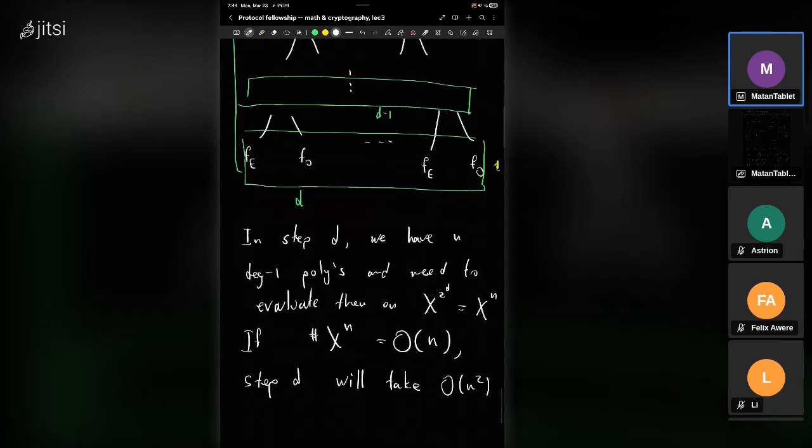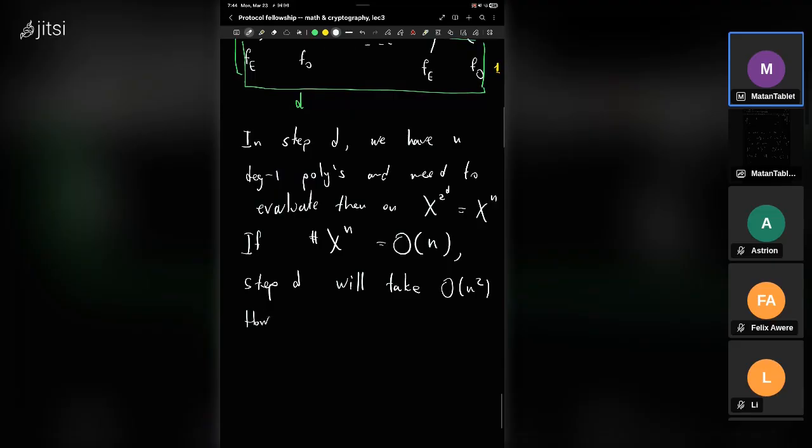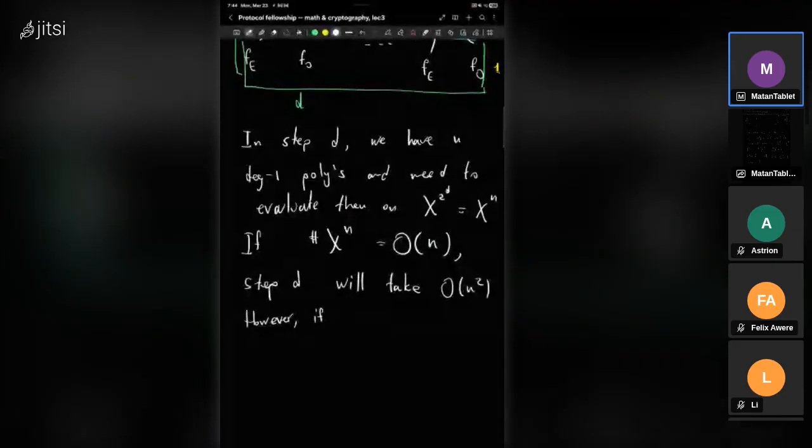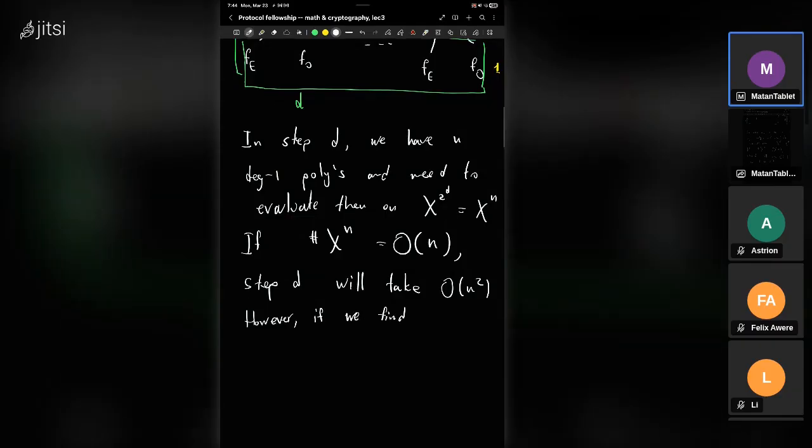However, if we find x such that x to the 2 to the k, for any k between 1 and d, is kind of a shrinking set.